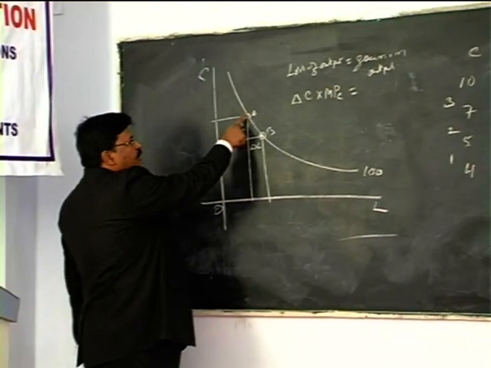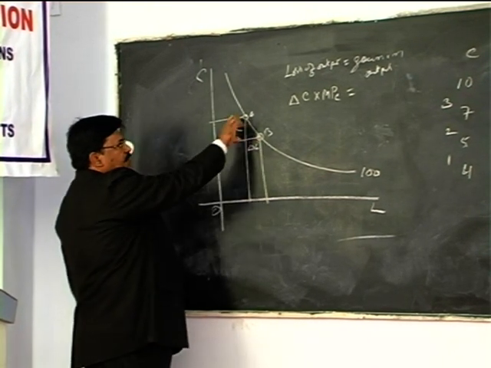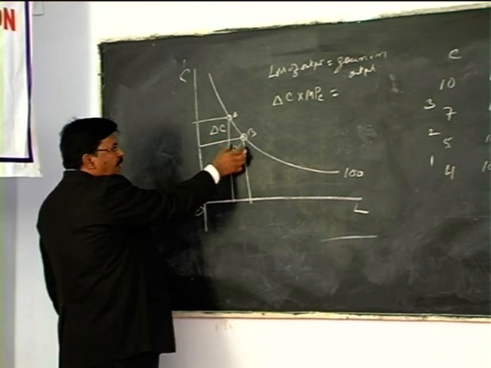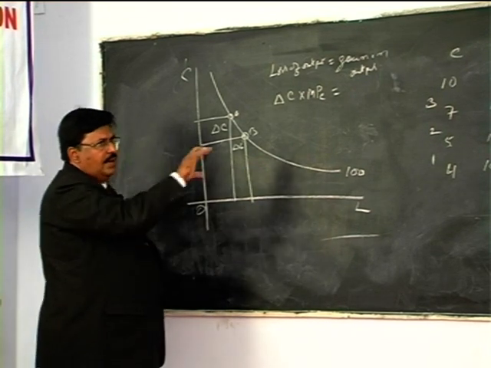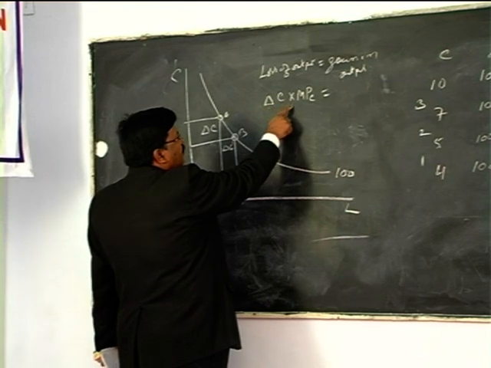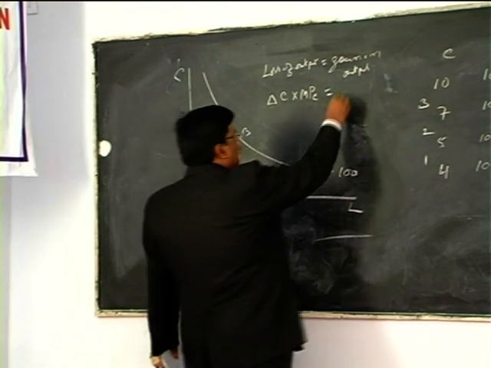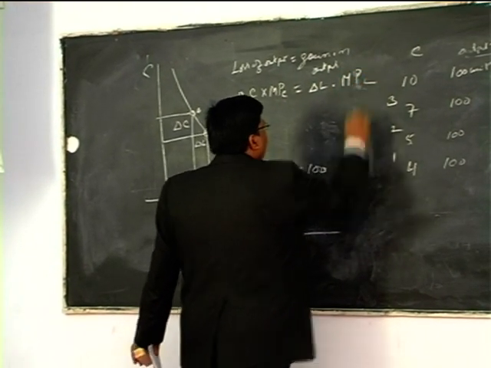At point A output is 100, at point B also output is 100, but in a movement from A to B, certain units of capital are given up, so there is a loss. And there is a gain also because of additional units of labor, and the loss and gain must be equal. So what is the loss? Loss is equal to delta C times the marginal productivity of capital, and the total gain is equal to delta L times MPL.